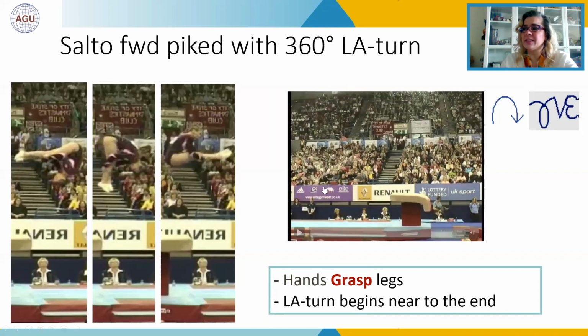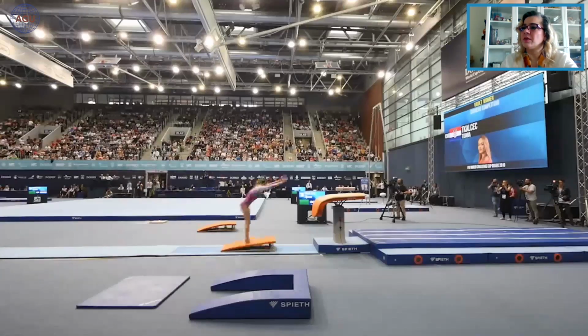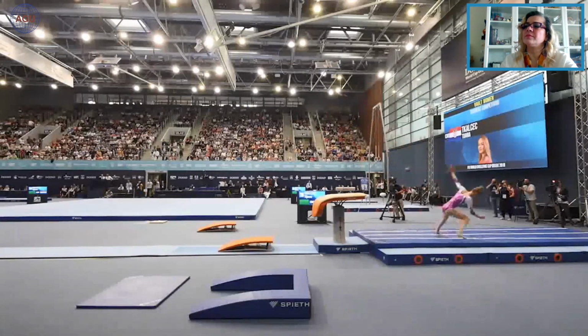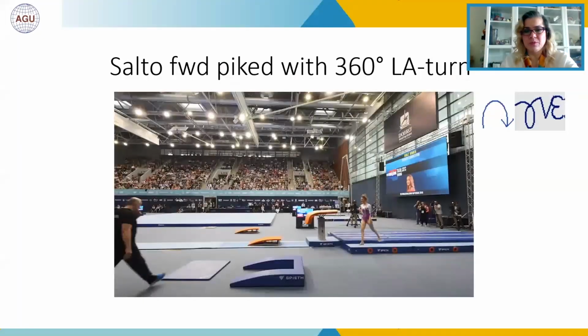In this case, we consider it salto pike with full turn. Another example. Yes, it's more obvious, salto forward pike with full twist.